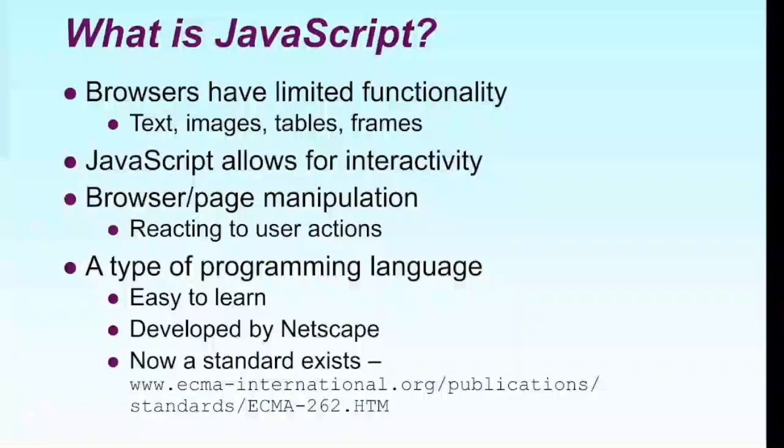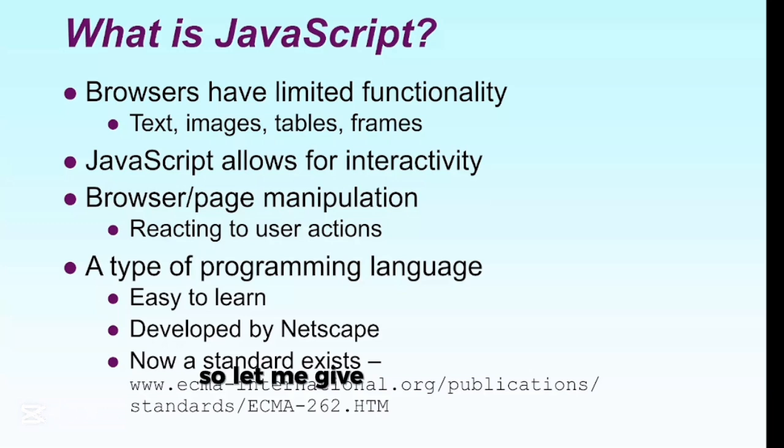This is the interactivity of the website. It works in the browsers. It allows interactivity. It allows manipulation of the website. It is a programming language. This is a real programming language. It is easy to learn, and it was developed by Netscape. So the functionalities you usually see on the website you visit most of the time are done by JavaScript.